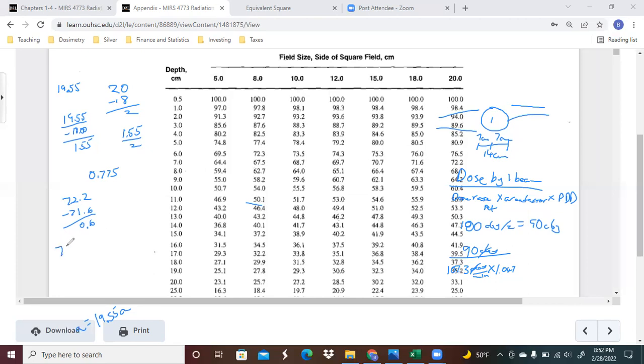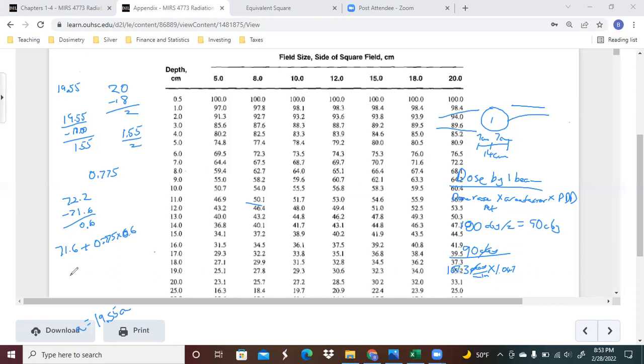Well, I know that I'm going to start at 71.6, and then I'm going to take this factor that I found, 0.775, multiplied by 0.6, and that tells me what my new PDD is.